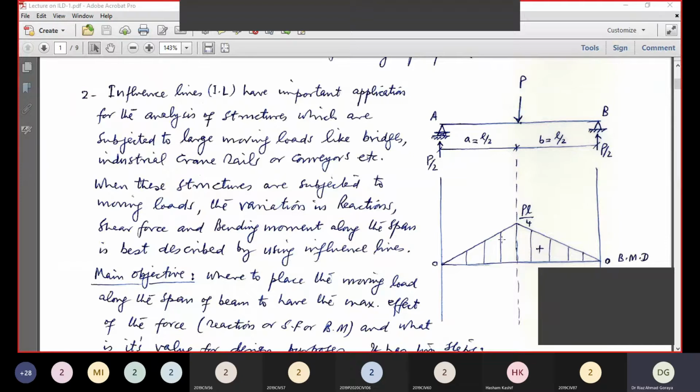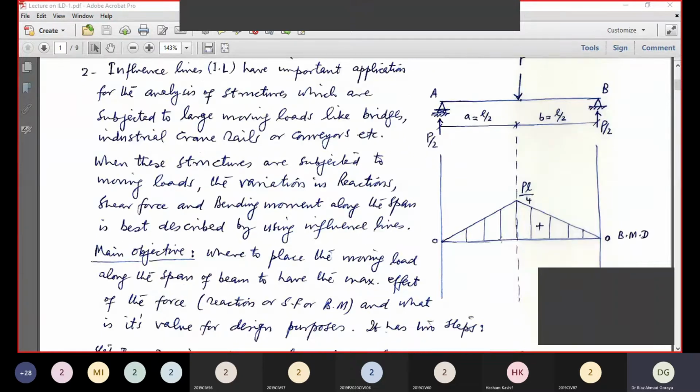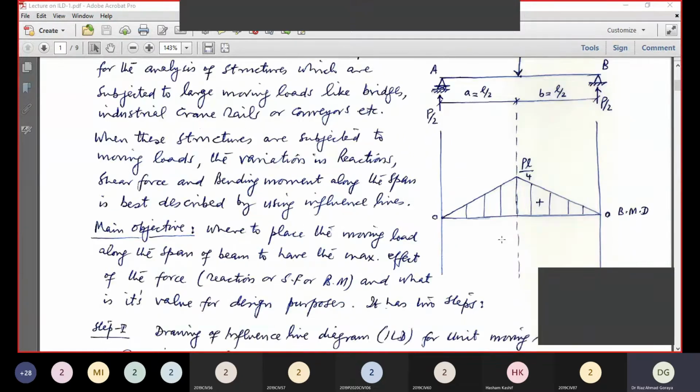The main objective of drawing the influence line diagram is where to place the moving load, because now the load is not static, it is continuously moving. Where to have the moving load along the span to get the maximum effect of the force.